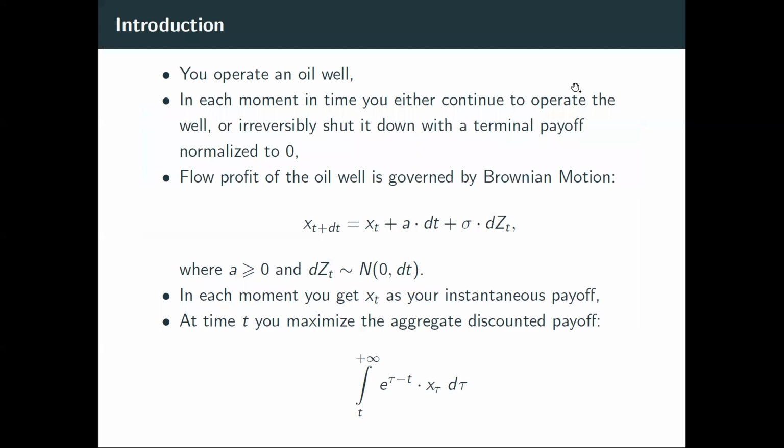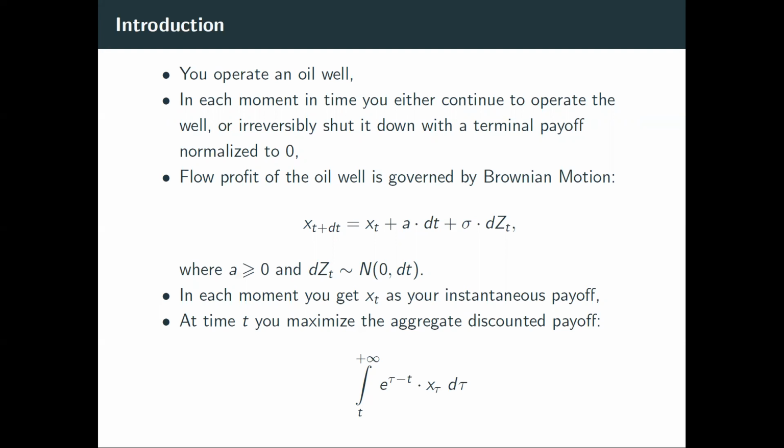So, without all these introductory things, here is what the problem looks like. Suppose you operate an oil well, that is, you are digging oil somewhere. You already own this oil well, so it's yours, and suppose you didn't pay anything for it. Then at each moment in time, you have a decision to make, right?